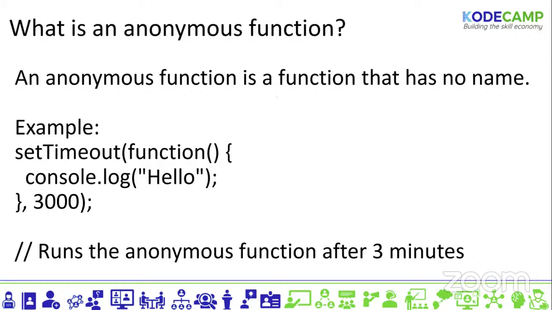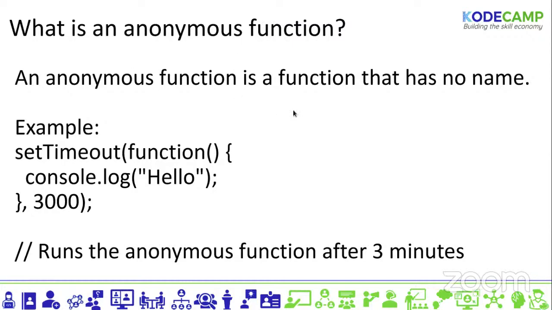For example, someone stole your phone. If you know the person, then that person is no more anonymous to you. But if someone stole your phone and you don't know the person, then in a way that person is anonymous to you. You know that someone has taken your phone, but you don't know him. So an anonymous function is simply a function that has no name.